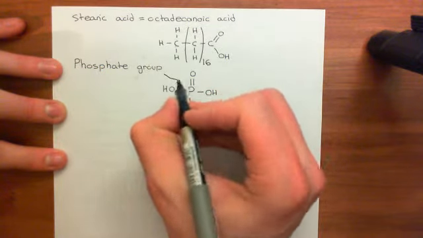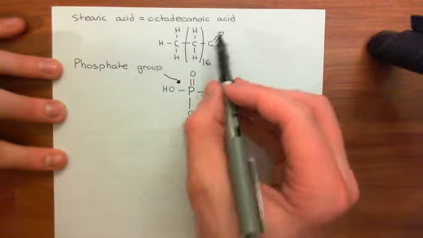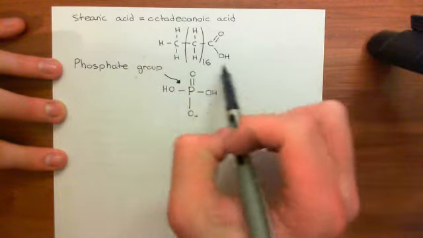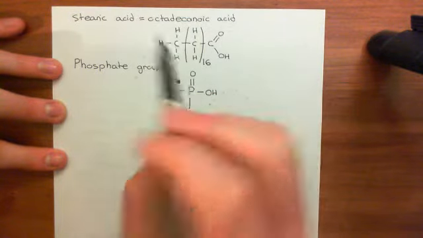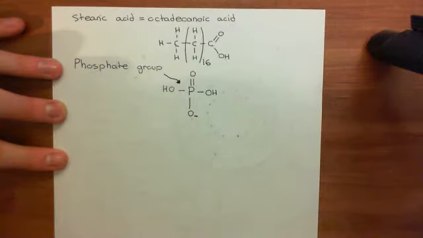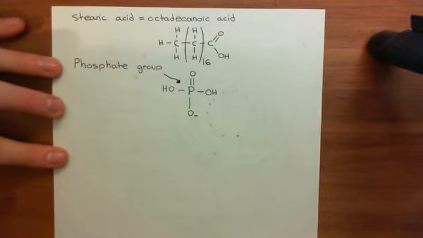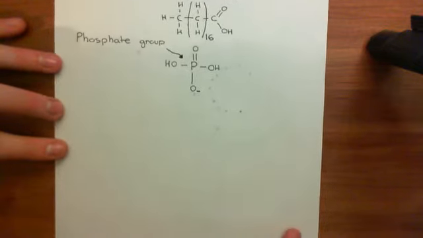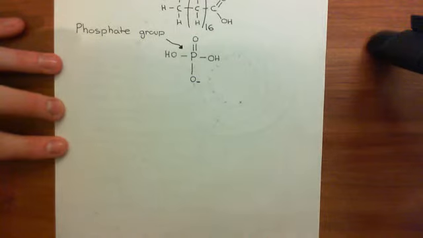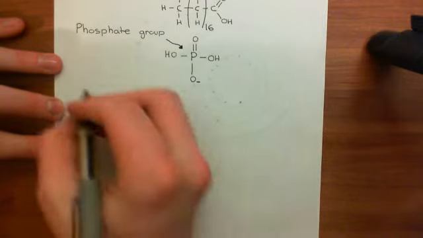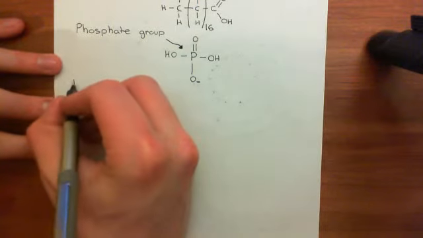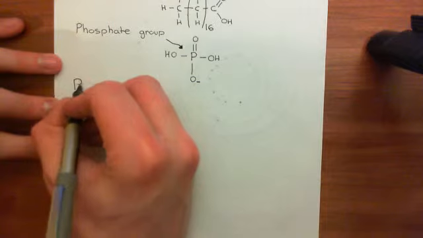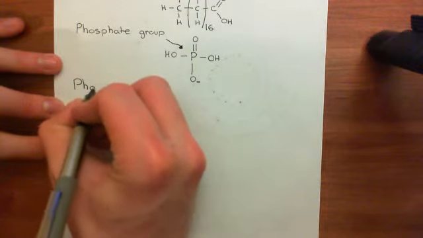So all you have to have in your structure to be considered a phospholipid is 1 long-chain carboxylic acid and a phosphate group, and then you are considered a phospholipid. So, I want to look at the main 2 examples of phospholipids which are found within human cell membranes. Let's talk firstly about the phosphoglycerolipids.